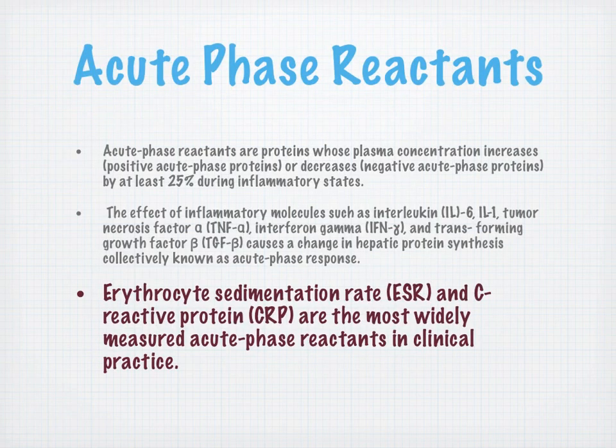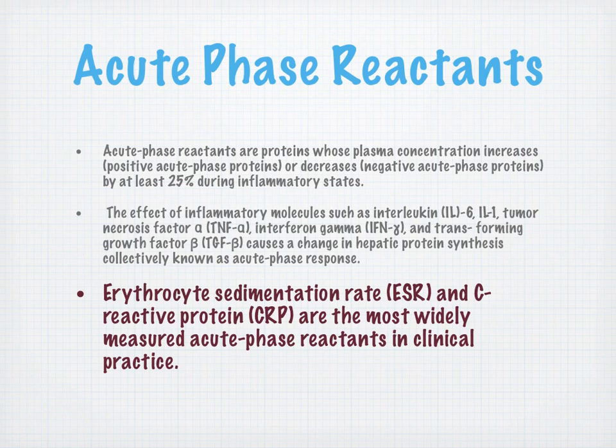Acute phase reactants are proteins whose plasma concentration increases, those are positive acute phase proteins, or decreases, those are negative acute phase proteins, by at least 25% during inflammatory states. So it makes sense that we would test acute phase reactants to see a person's level of inflammation.